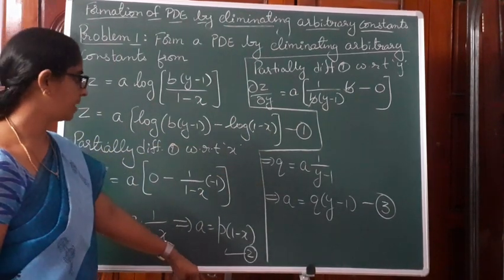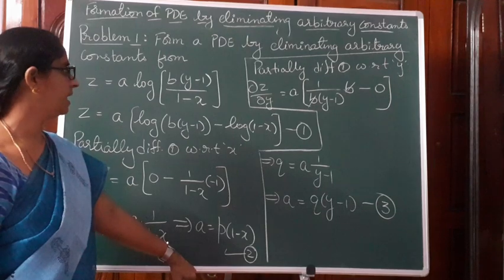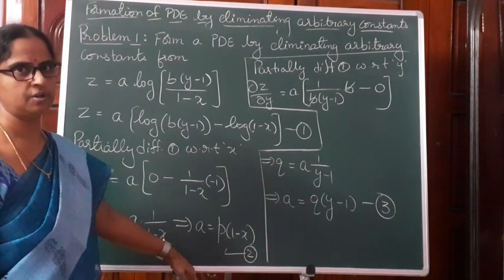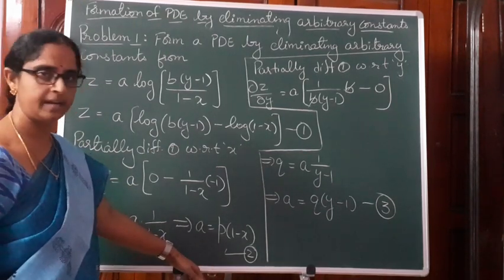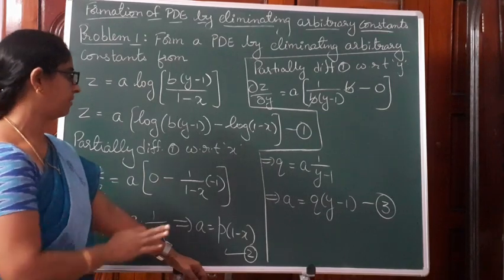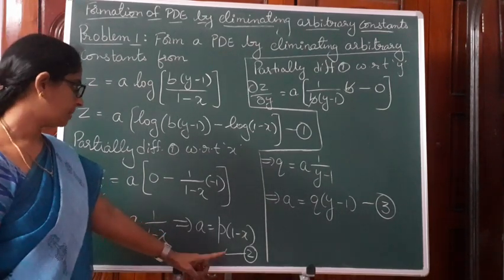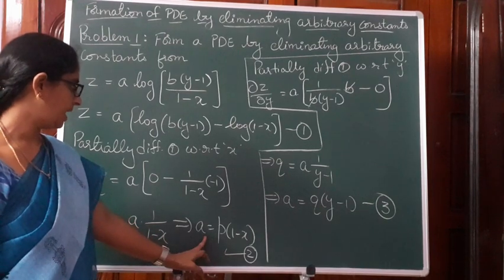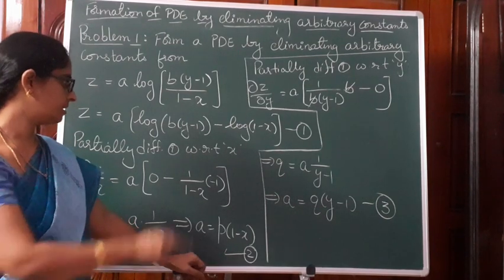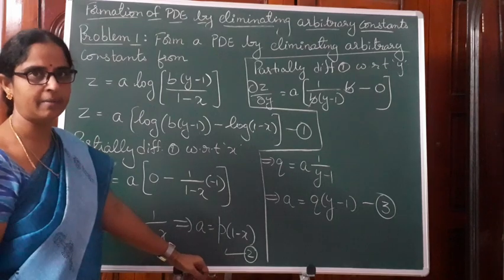Now from 1, 2 and 3 we have to eliminate a and b, either by substitution, by equating or by dividing. Through any method we have to eliminate a and b. Now if you observe 2 and 3, we have a is equal to p into 1 minus x here and a is equal to q into y minus 1 there.